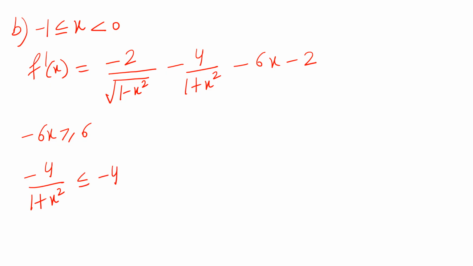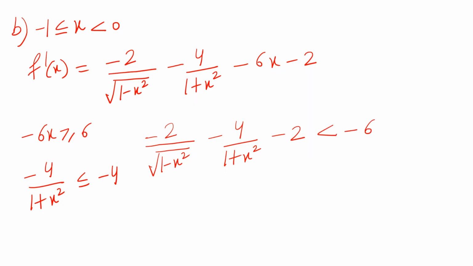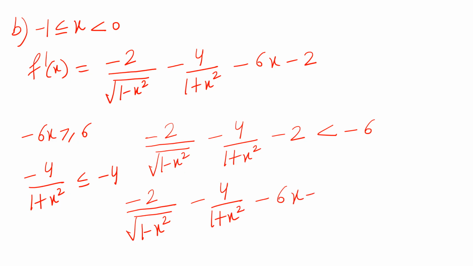So now I can say that minus 2 upon square root of 1 minus x square minus 4 upon 1 plus x square minus 2 is smaller than minus 6. If I add minus 6x onto the left hand side of this quantity, then I get minus 2 upon square root of 1 minus x square minus 4 upon 1 plus x square minus 6x minus 2 less than 0.